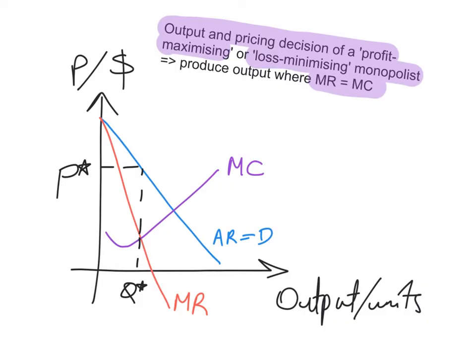As you can see, this profit maximizing price, P star, is within the range of output where marginal revenue is positive, which means it is within the elastic portion of the demand curve, not the inelastic portion.